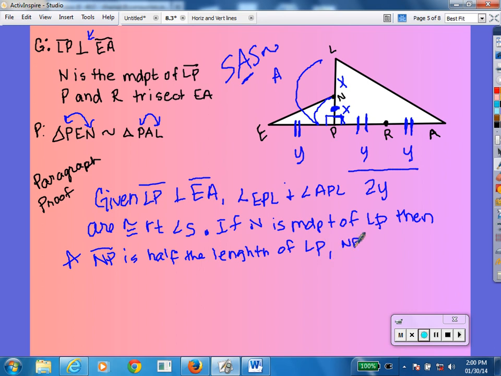So NP over LP is a 1 to 2 ratio. For every x up here, we go 2 x's down here. So we are proving there's one pair of sides that have a ratio. So that's a side ratio. And then we'll do the next statement.